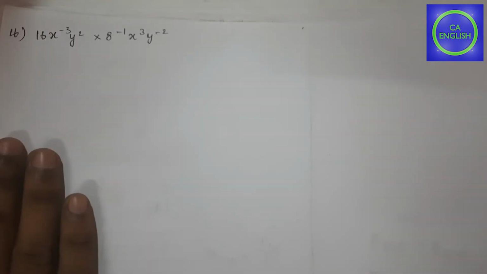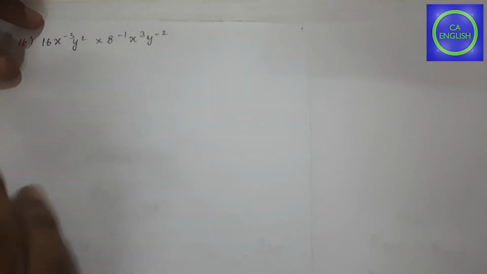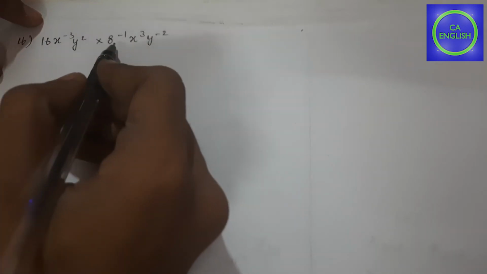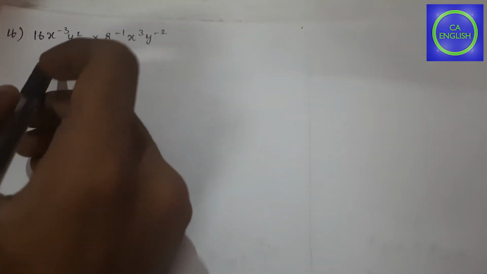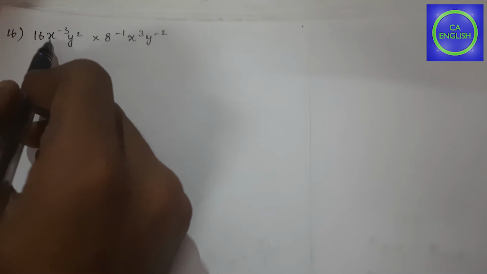16th sum, 16x power minus 3 y square into 8 power minus 1 x cube y power minus 2. They are asking to simplify this answer. Now we can't do 16 as anything, 8 power minus 1 as anything, but the base are same in x and x.